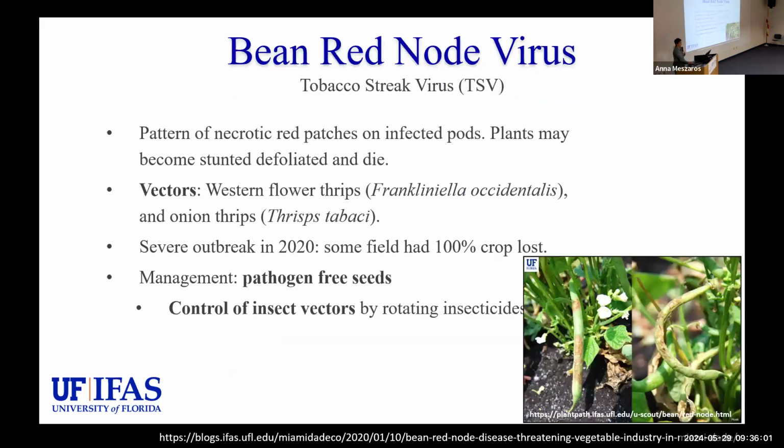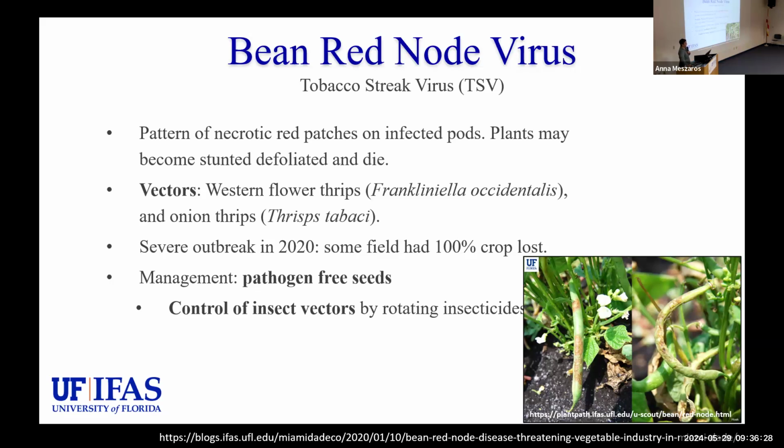Another one that's important is the bean red node virus. I always think about red nose. I don't know why, but it's bean red node virus. So, the vectors here will be two species of thrips. And if you see the agenda, they will be talking about thrips after this presentation. So you can learn a lot about that.